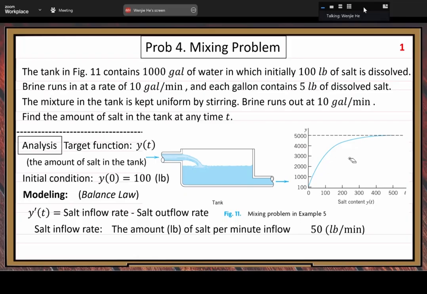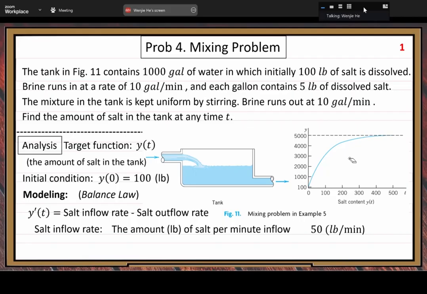Outflow rate, the mixed one. You need to figure out the density. What is the density in the tank? Think about the amount of salt in 1,000 gallons of mixture.